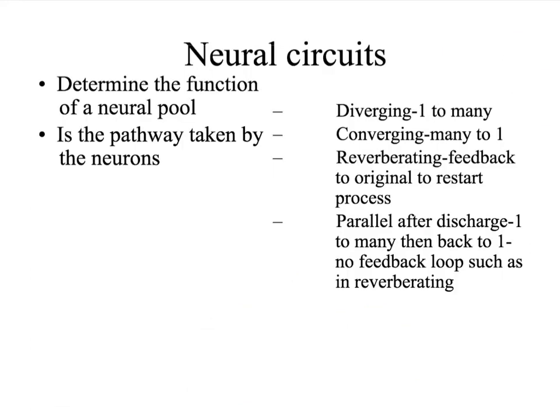And basically, the very last slide of this, I just want to mention neural circuits. Again, we're so simplistic in how we picture neurons communicating with each other, and they actually communicate in electrical circuits. You can have a diverging circuit where you've got one neuron that's going to be synapsing on many neurons. You can have converging circuits where you've got many neurons synapsing on one.